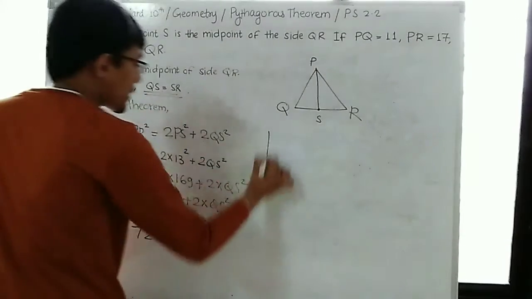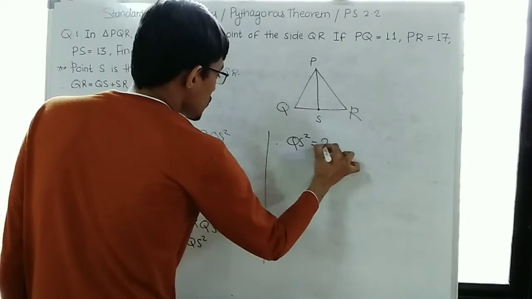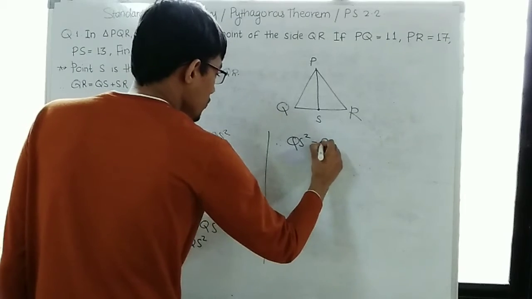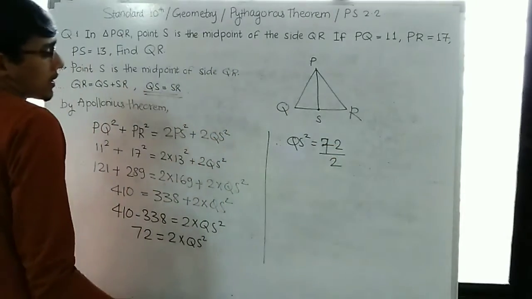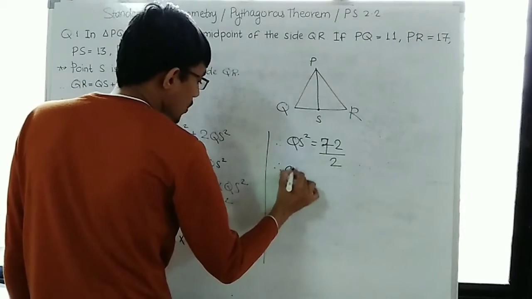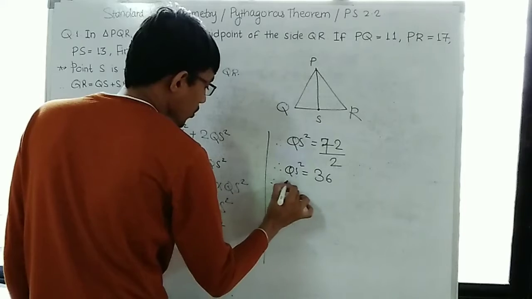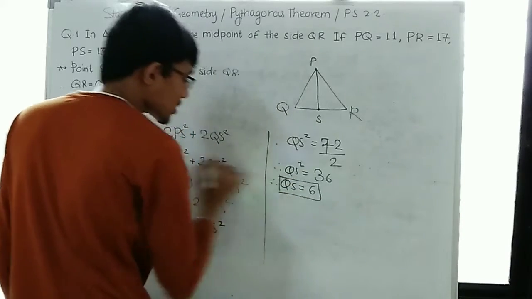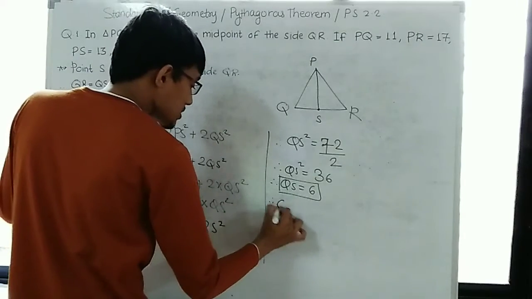Therefore I can write QS square is equal to 72 divided by 2, so QS square is equal to 36. Therefore QS is equal to 6.